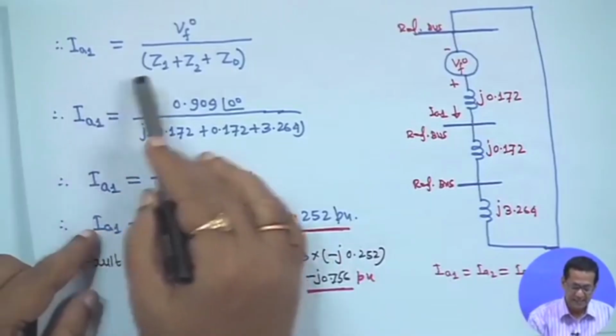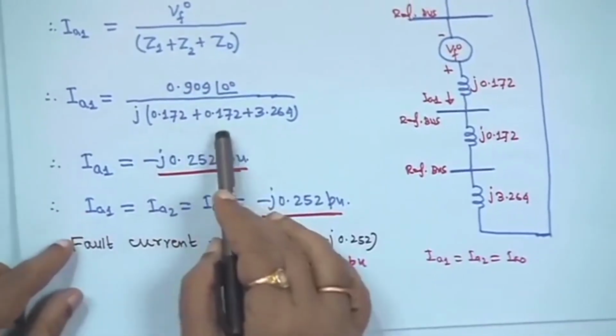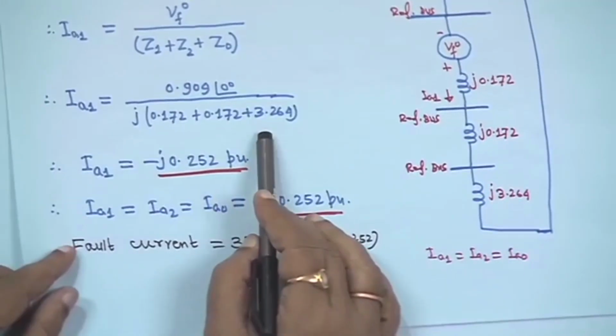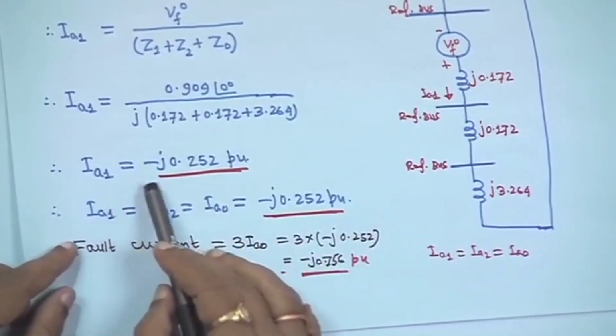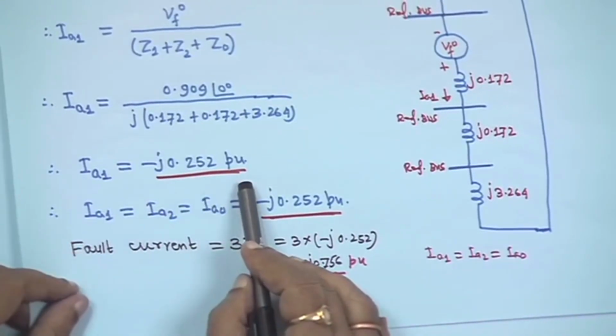In that case, I1 will be Vf0 upon Z1 plus Z2 plus Z0. If you substitute all this, you will get IA1 equal to minus j0.252 per unit.